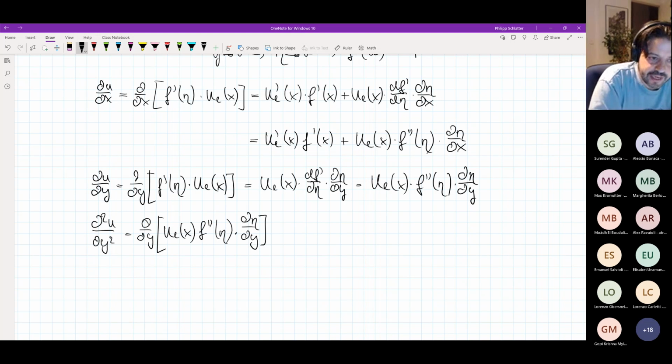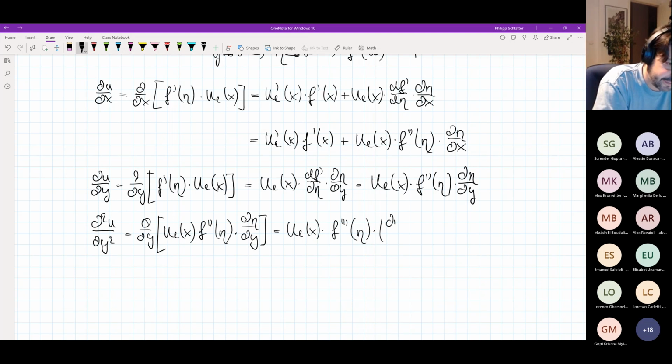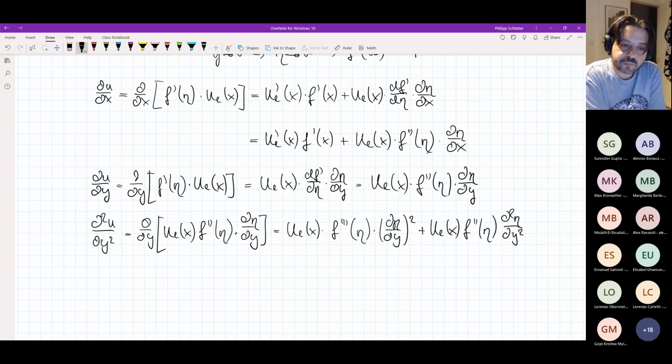And now we have actually a multiplication, and what we get is ue of x times f triple prime of eta times d eta dy squared plus ue of x times f double prime of eta times d squared eta dy squared. So these are the three terms where we need to calculate derivatives.